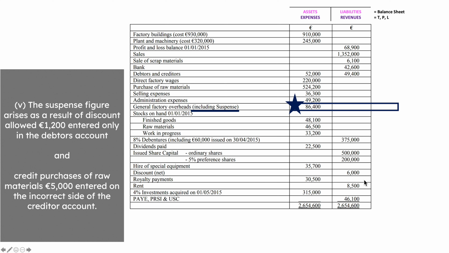And so you see here, this discount is on the credit side, so that is a revenue, that is discount received. So discount received here, 6,000 euro. If we allowed a discount to our debtor, we would debit it because that is an expense, discount allowed.